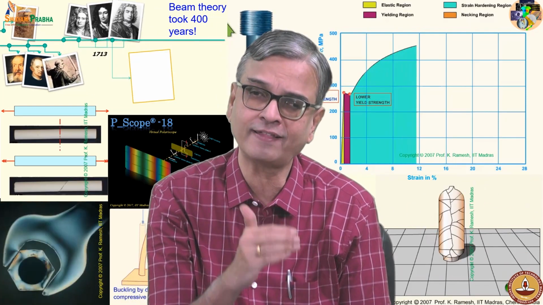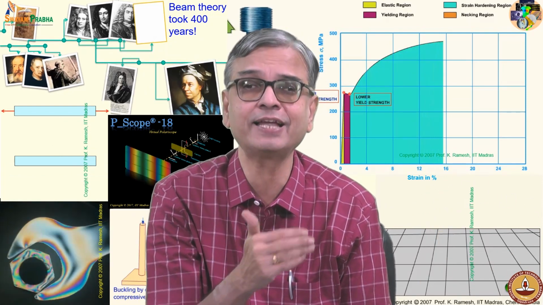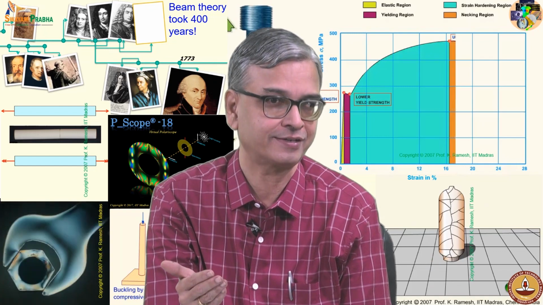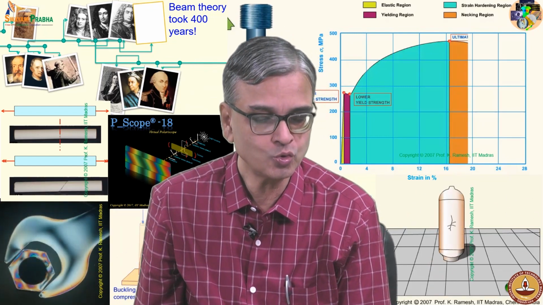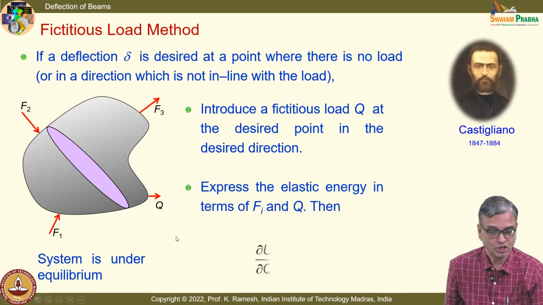If you want it for another point, you apply it afresh. For illustration, I have said it can be any point, any direction. So at a time you will apply Q only at a particular point of interest. So you differentiate the energy with respect to Q and finally substitute Q equal to 0.